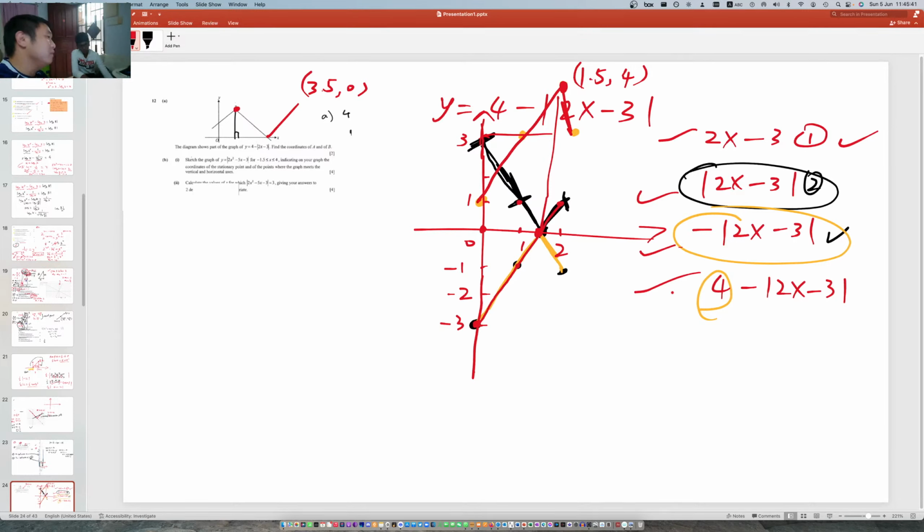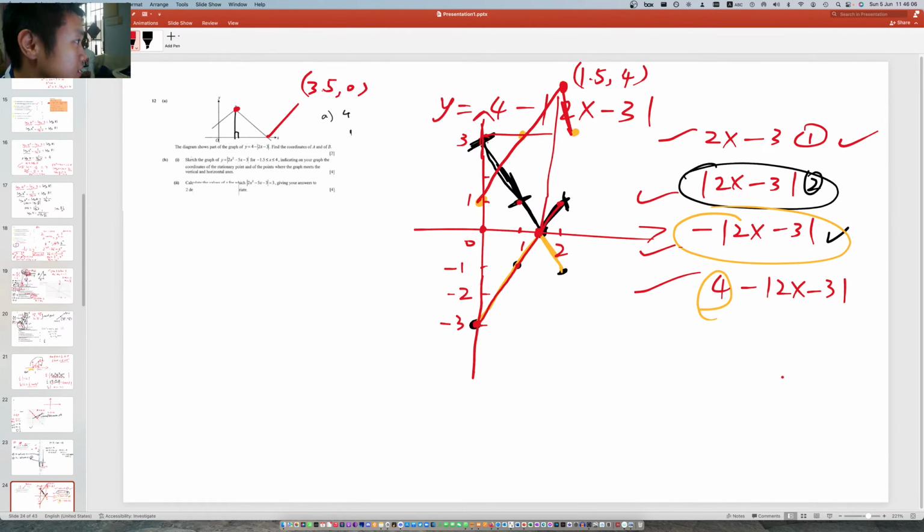In fact, you could have fastened the process by so much. But if I don't show you the red one first, then the black one, then the orange one, then the final one, then you might not know. If I jump straight to the last one, then you will have a headache.